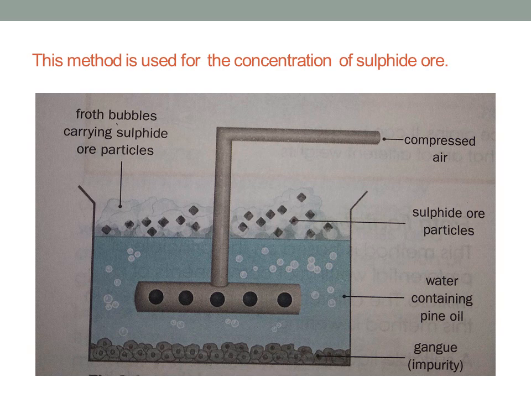Pine oil is a frothing agent and forms froth with air. It traps the lighter ore particles and floats on the surface of the water. The compressed air facilitates the formation of the bubbly froth, which is rich in ore and pine oil. Potassium or sodium ethyl xanthate acts as a stabilizer to stabilize the froth. Thus, the impurities are separated from the ore.